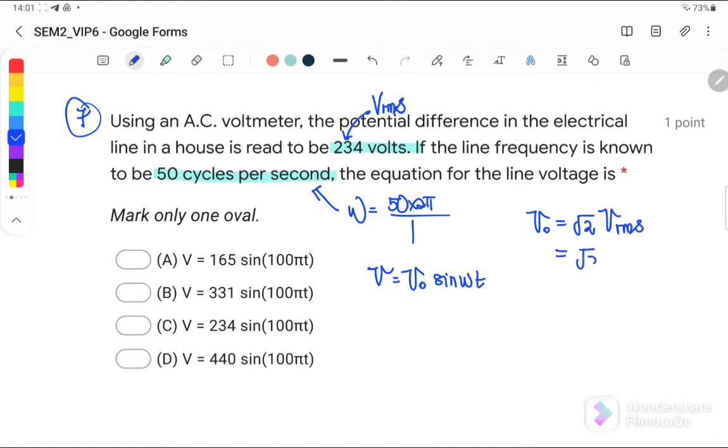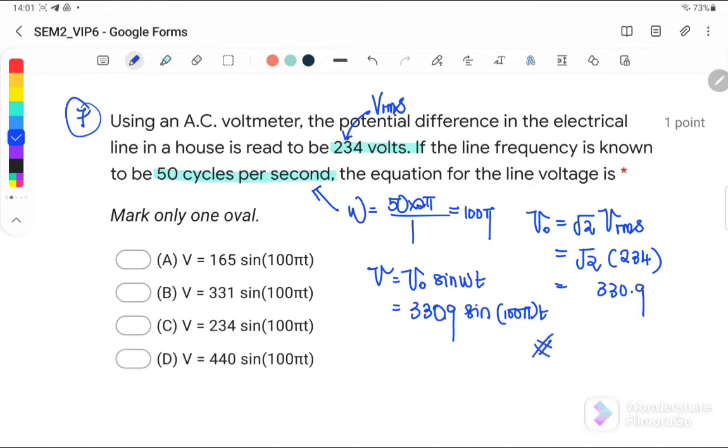VRMS is 234 volt, therefore V0 we will get 330.9. So I substitute in: V0 is 330.9 volt sine omega t. Omega here is actually equal to 100 pi, so it's sine 100 pi t. So this is the equation. Therefore, the answer is B.